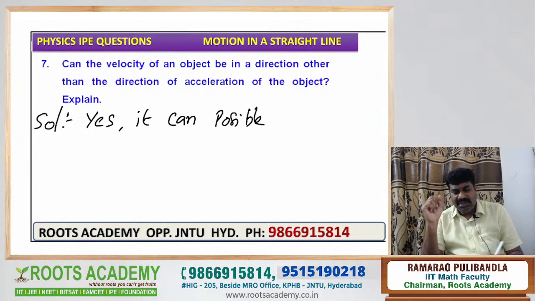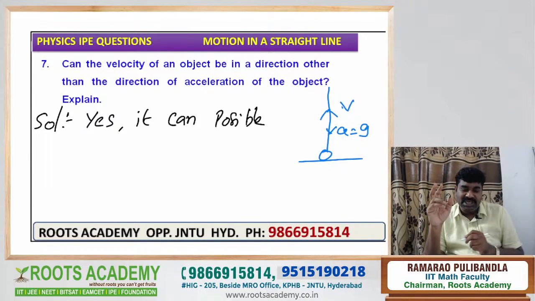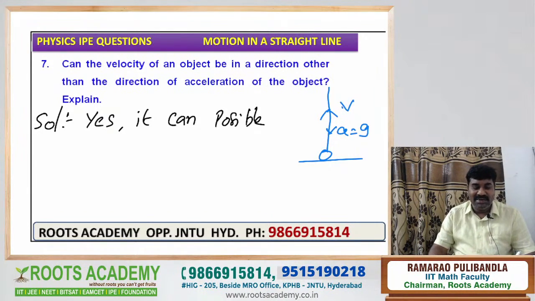For example, in the case of a vertically projected body, velocity is in the upward direction, but acceleration due to gravity is acting vertically downward. So velocity and acceleration are in opposite directions. So here, yes, it is possible.